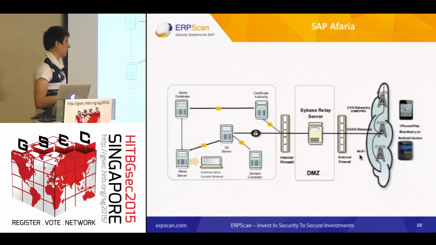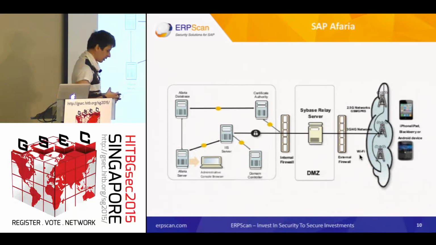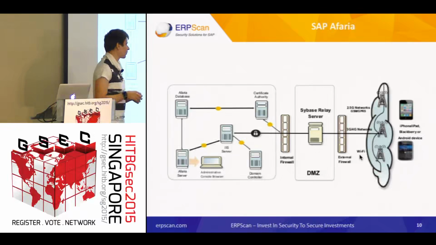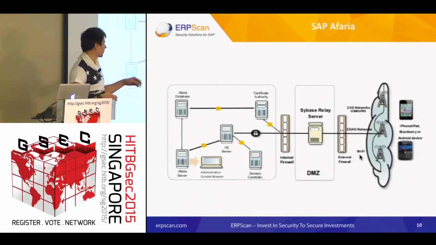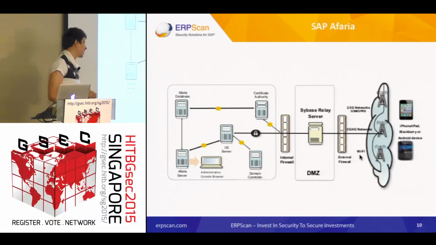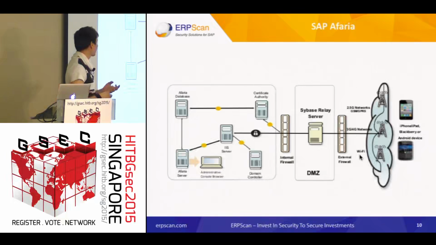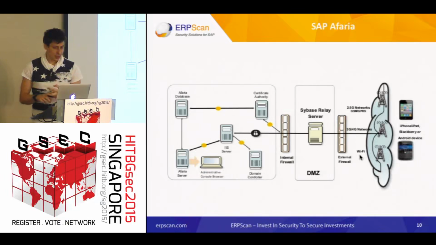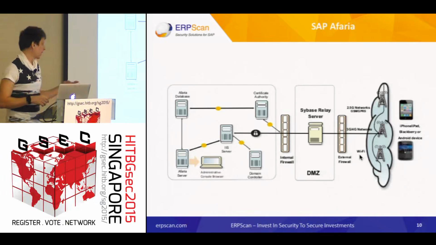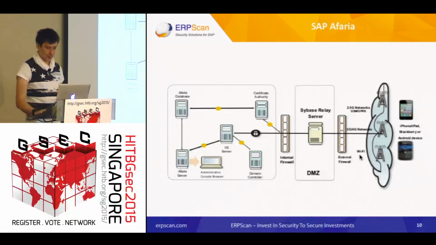The Afaria client tries to get all information from the user's phone and sends this information through the relay server to the Afaria server installed in the company. The Afaria server contains a database, web server, and administrator console.